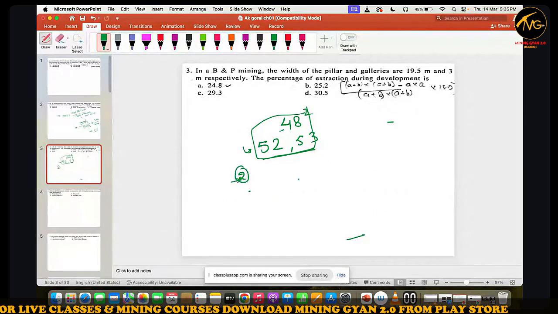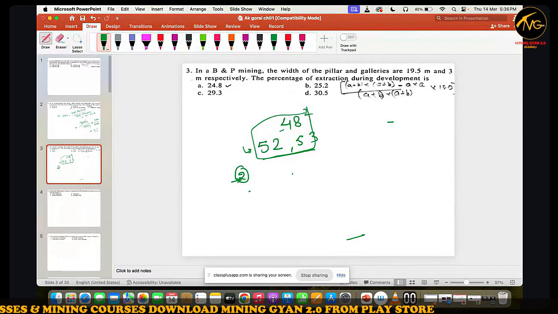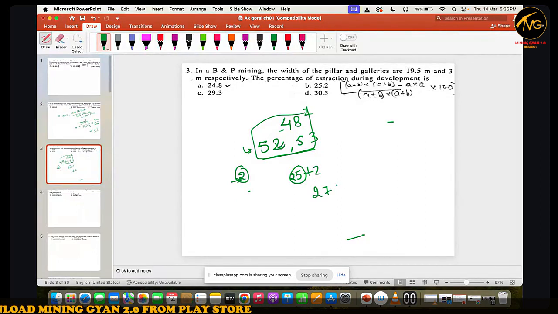This time you should remember 25. How much is it extra? Plus 2, so 27, and this is the 2 squared, so 2704.